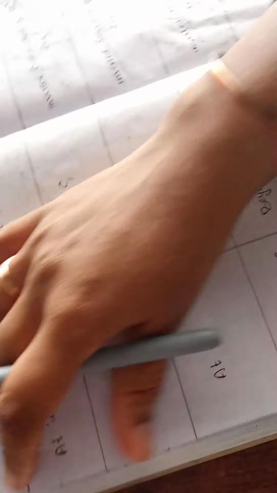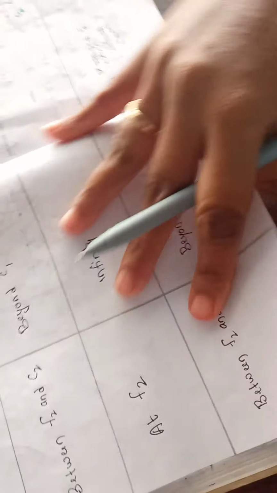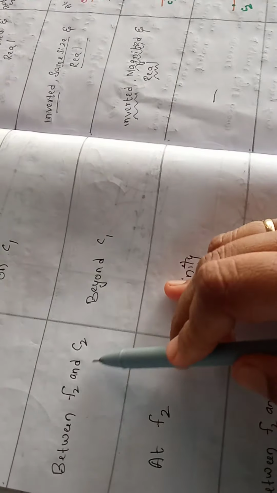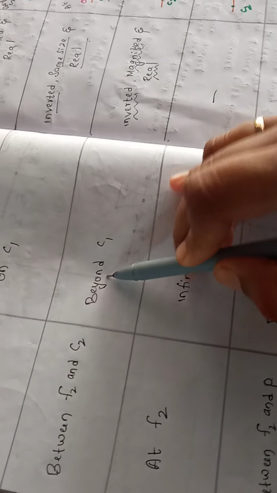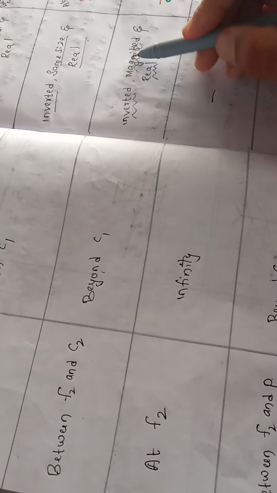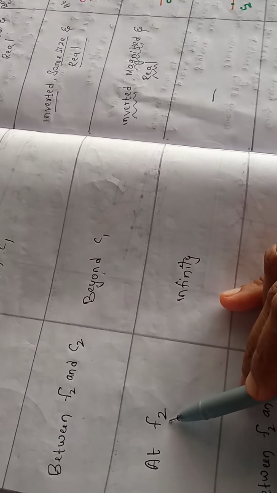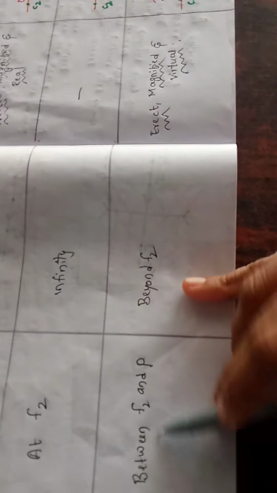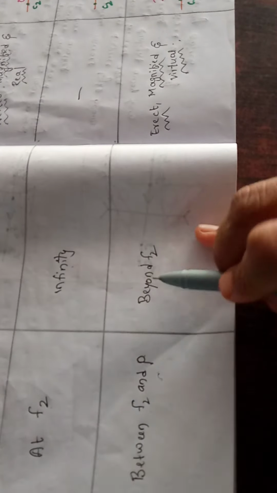Similarly, when the object is between F2 and C2, the image forms beyond C1, it is inverted, magnified and real. When the object is at F2, the image forms at infinity. And lastly, when the object is between F2 and pole, the image forms beyond F2, erect, magnified and virtual.